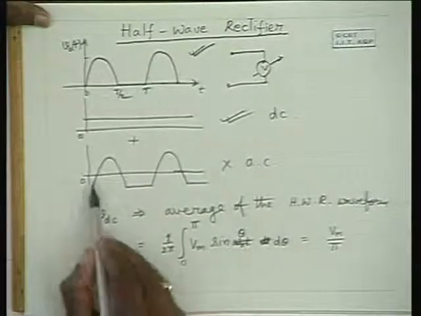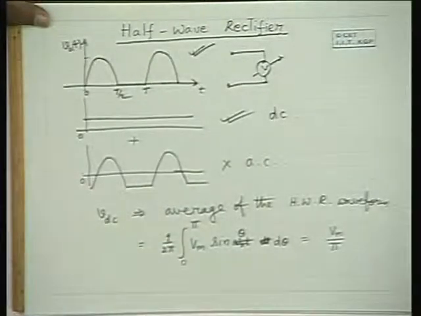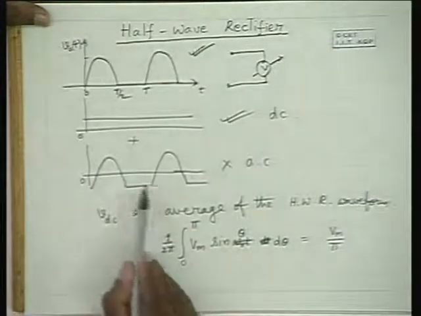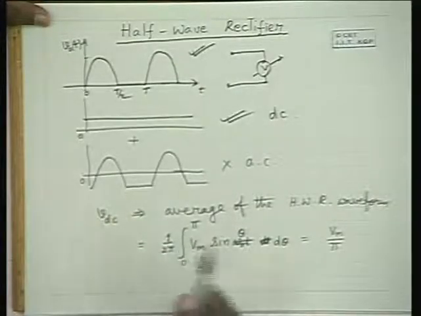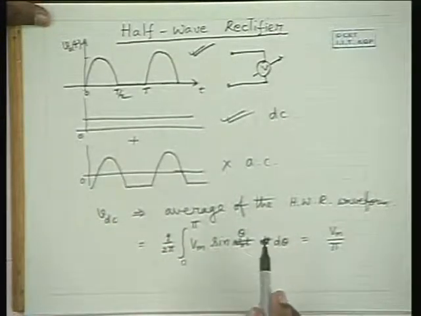And the remaining is the AC component. So how do you measure the AC component? By average? The average of an AC component is 0, so it doesn't give you anything. We measure it by the RMS value. If you determine the RMS value of the waveform in the same fashion, you will determine the AC component also.